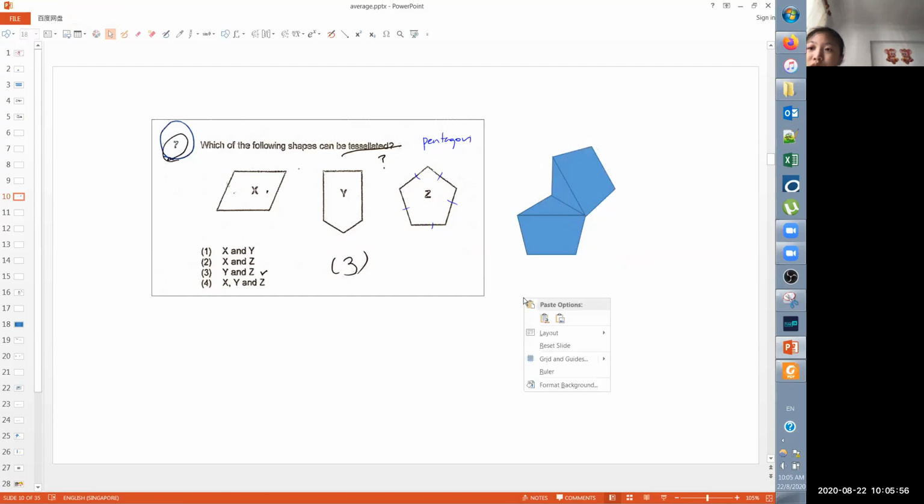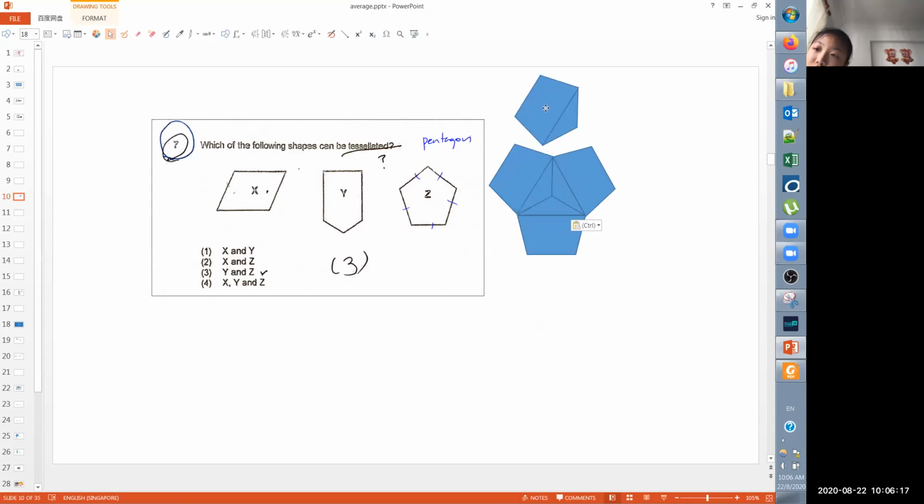So I'm trying to combine them and see if I leave any gap or not. 就是把它们联合起来，看到有没有留任何的空位这样子。So no, right? You can keep combining them, right?